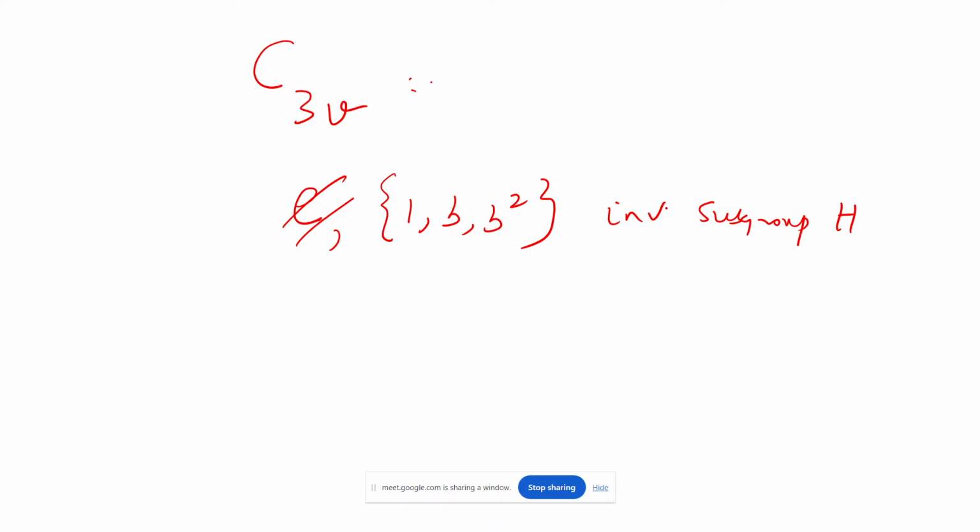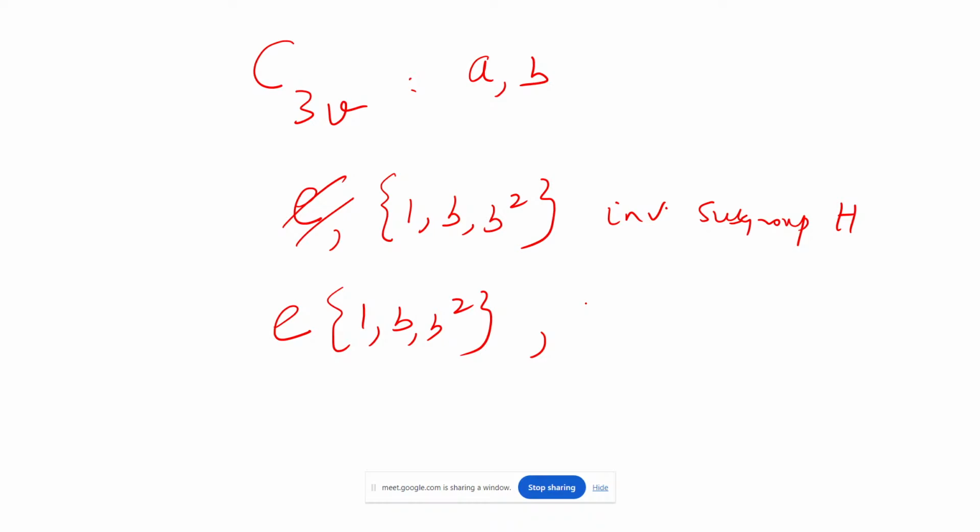C3b is generated by generators A and B. The first coset can be obtained by just multiplying identity with 1, b, b squared. So that's trivially the invariant subgroup itself. This is one coset.